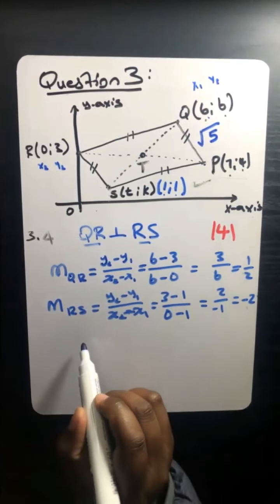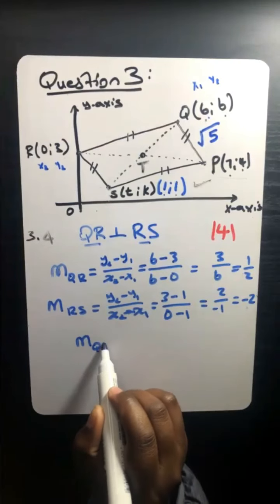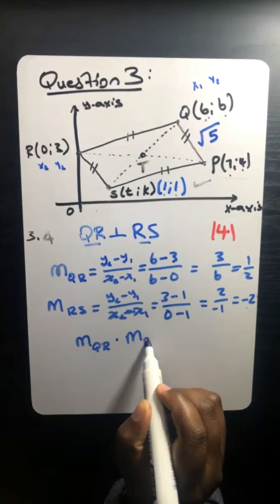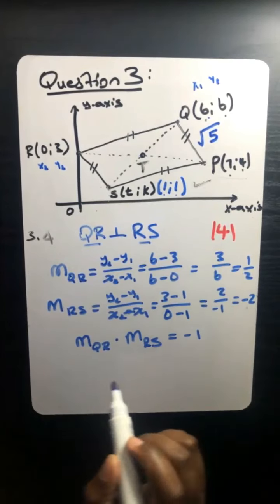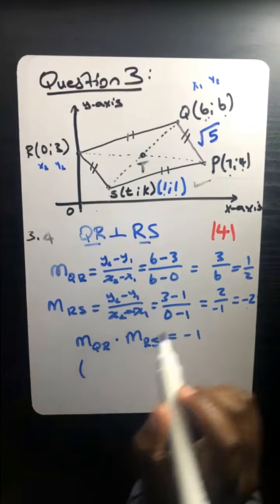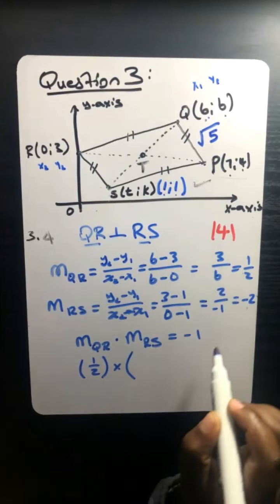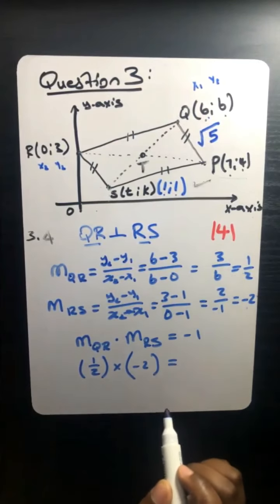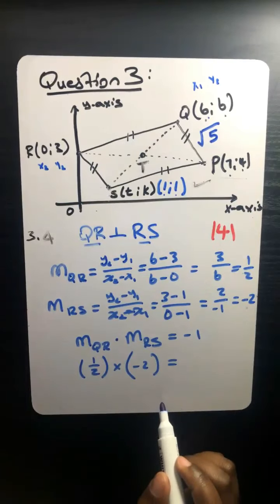So let's see if you guys are correct. You are saying m of QR multiplied by m of RS must be equal to -1. So let me substitute. That is a half multiplied by -2. What is this, guys? It seems to be -1. Can someone just perform a calculation there?